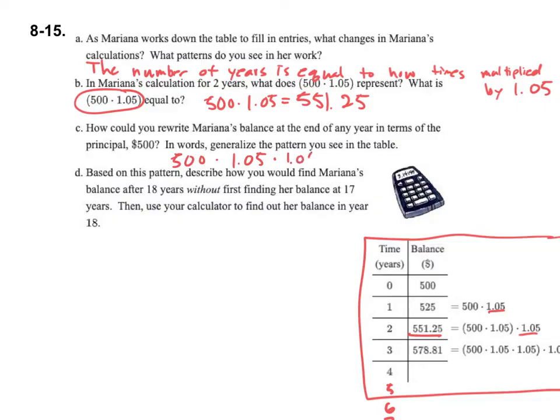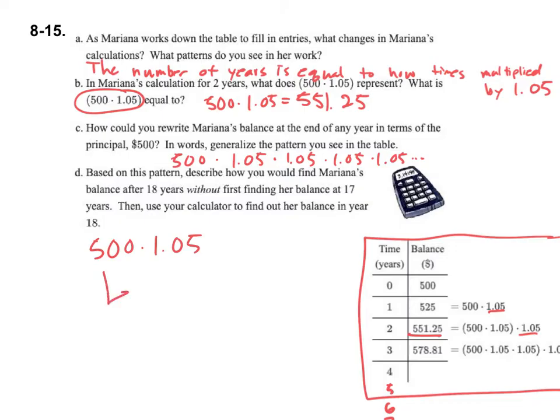So I have to write 1.05, 1.05, 1.05, and I have to do that 18 total times. Okay? So, based on this pattern, describe how you'd find Mariana's balance after 18 years without first finding her balance at 17 years. Well, that's exactly what we just talked about here. We just have to say 500 times 1.05, and we have to do that 18 times.